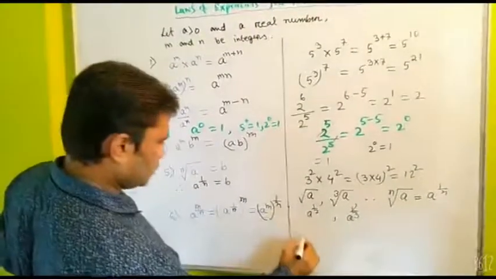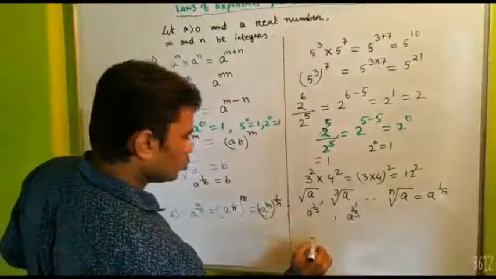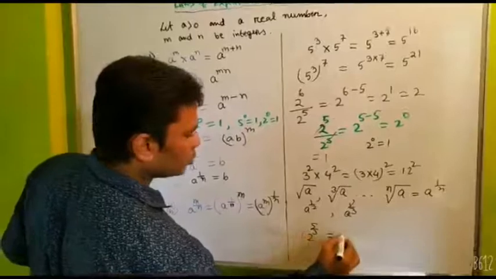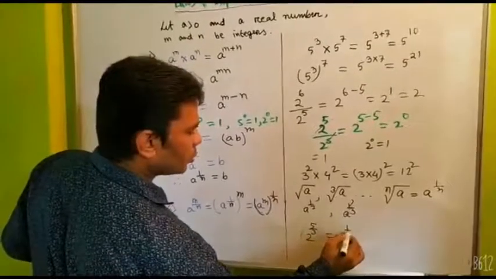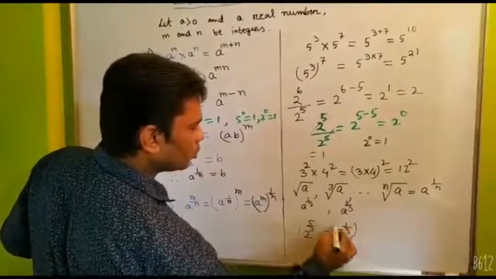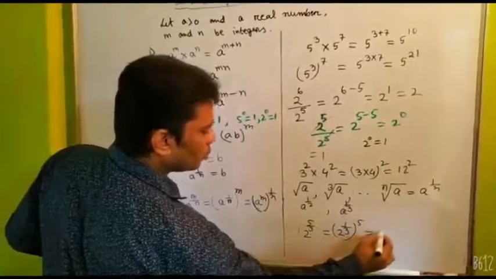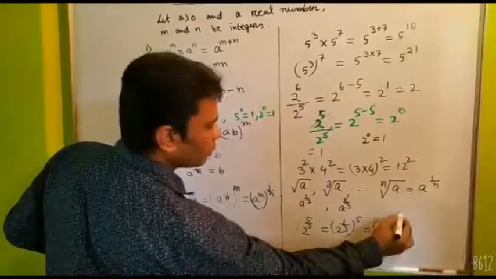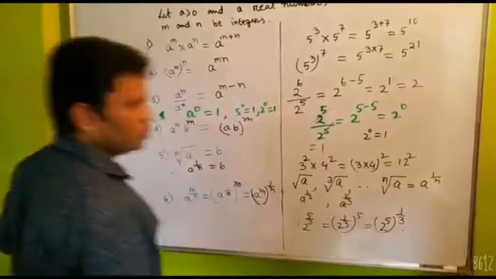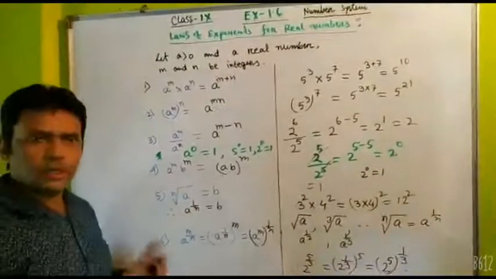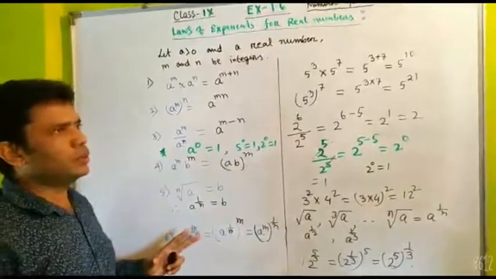Suppose we can write just like this, 2 to the power 5 by 3, that is equal to 2 to the power 1 by 3 whole to the power 5, or 2 to the power 5 whole to the power 1 by 3. So this is the exponent of real numbers.